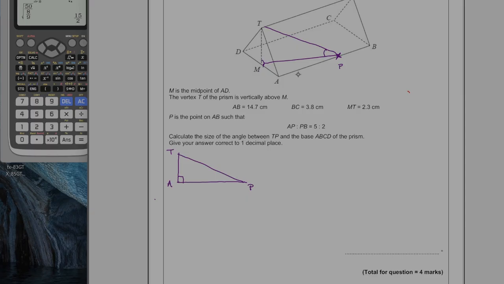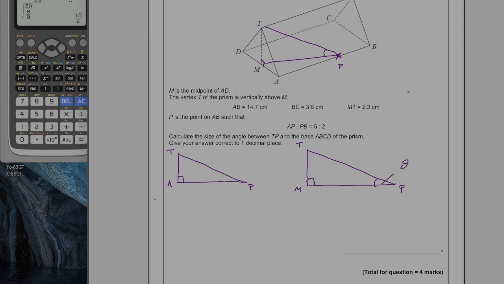So that's that triangle there. And then we're going to the other triangle, the right angle triangle. We've got MTP there, and that's the actual angle that I'm asked to work out in the question.